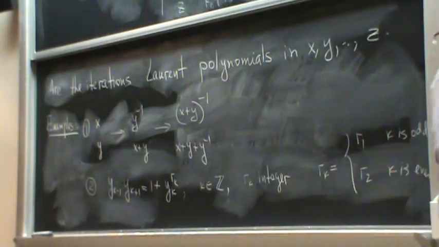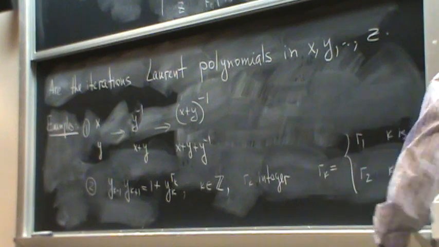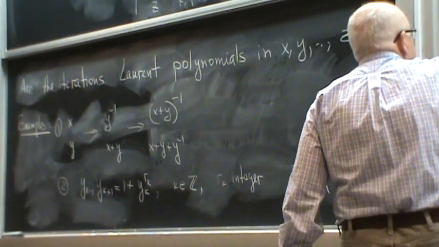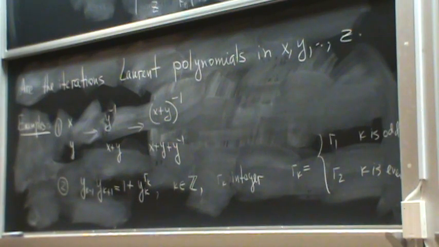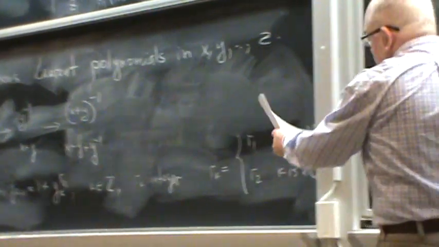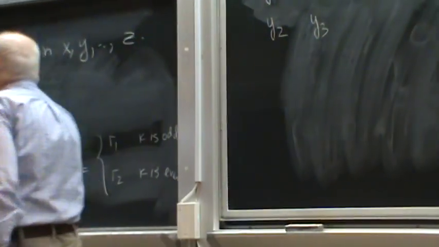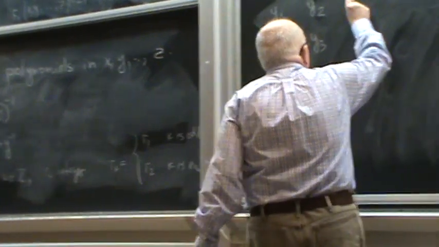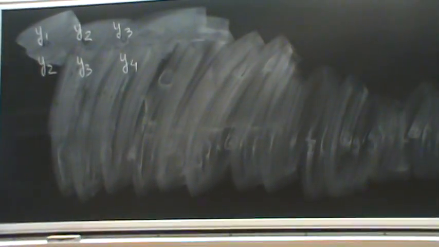Then you consider the sequence y1, y2, then y2, y3, which is defined by this equation. Then you consider y3 and y4, which is also defined by this, and so on.